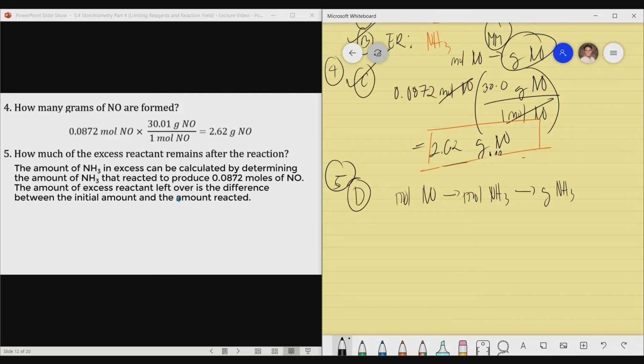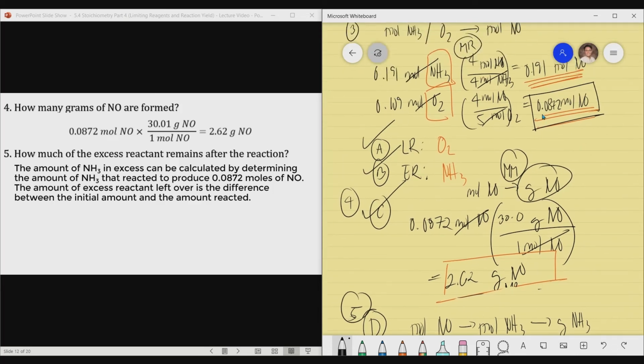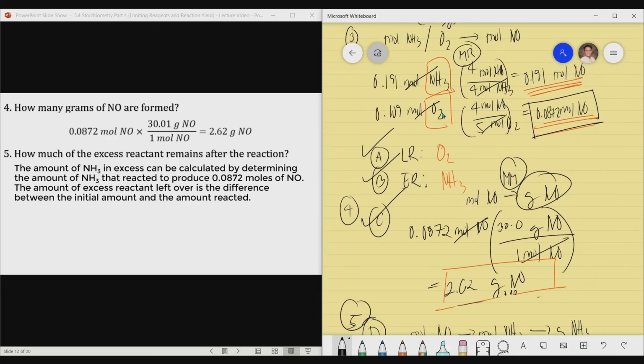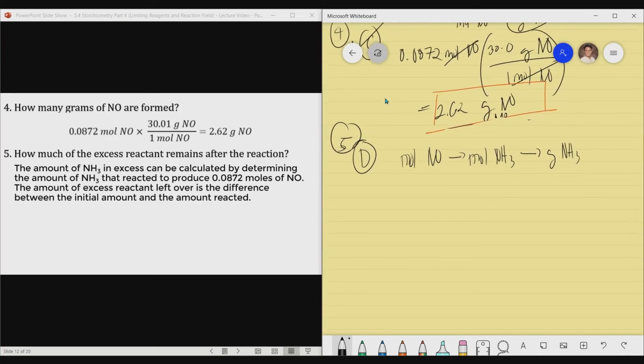So let me show you how. So again, mole NO, ano pong value ang gagamitin? Ang gagamitin nating value as a given ay ito pong pinakamababa na mole unit, yung galing sa limiting reactant O2, 0.0872 moles of NO. So I'll be writing 0.0872 moles of NO. And then using molar ratio, I can convert moles of NO into moles of NH3.